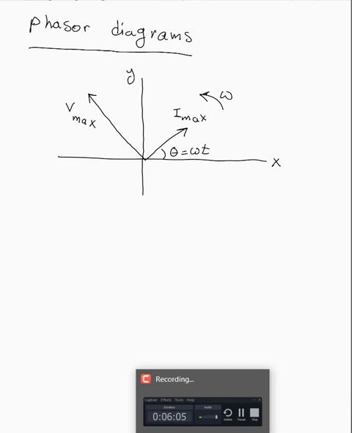Then if I want to show the phasor for the voltage, I know that voltage reaches the maximum value before current. Or simply we say that the voltage phasor leads the current phasor by 90 degrees. So in the case of capacitor, the voltage phasor was lagging the current by 90 degrees. Here, the voltage phasor is leading the current by 90 degrees.